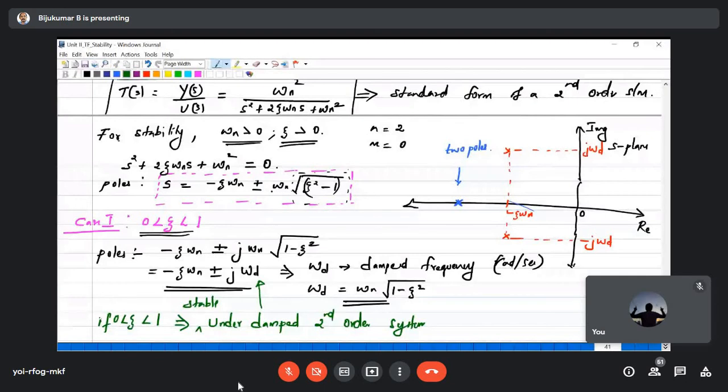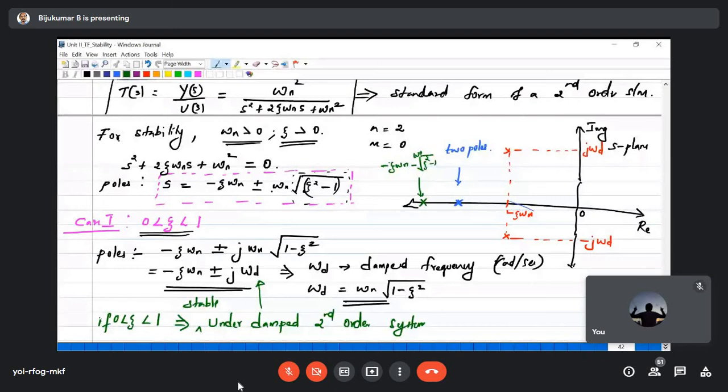Here zeta is greater than 1, right? So which part will be dominating? You have minus zeta omega n plus omega n into root of zeta square minus 1.